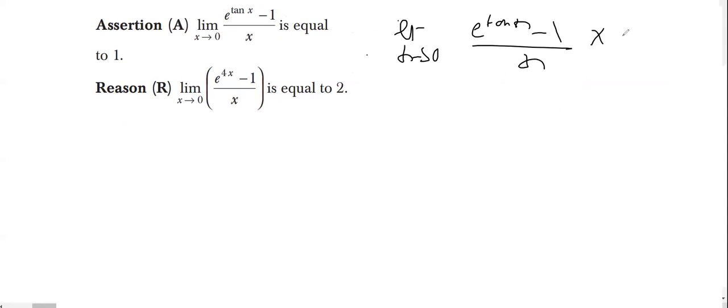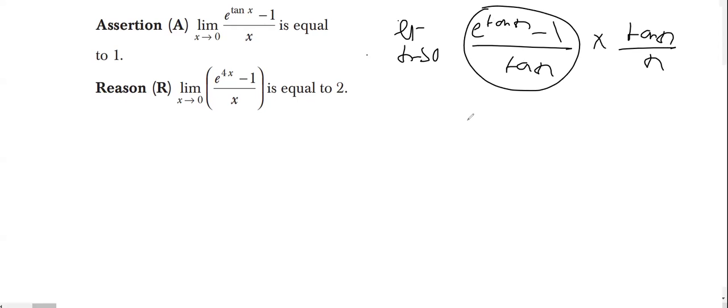So we'll divide and multiply by tan x. Right, so if I need a tan x over here, this is what I need to do. So first I write tan x over here and a tan x over here, multiply, divide, and this x, I'm writing it here.